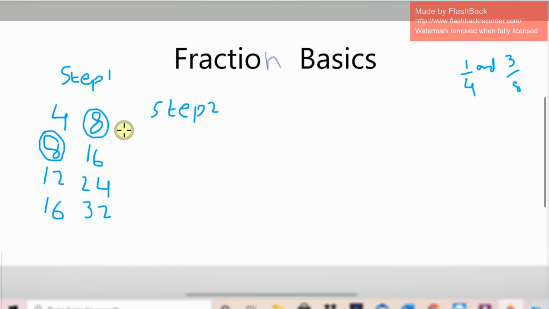So our aim is to make both denominators 8. 1 by 4 into 2 equals 2 by 8.